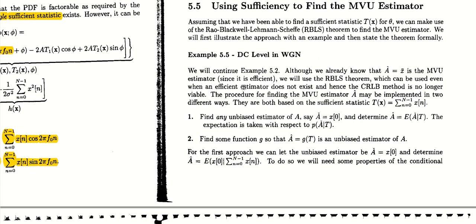When an efficient estimator does not exist and the CRLB is no longer viable, the procedure for finding the MVU may be implemented in two different ways. They are both based on the sufficient statistic.